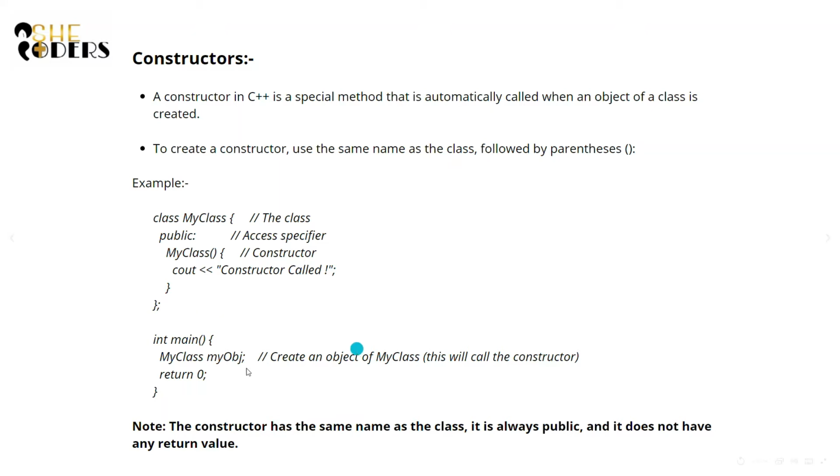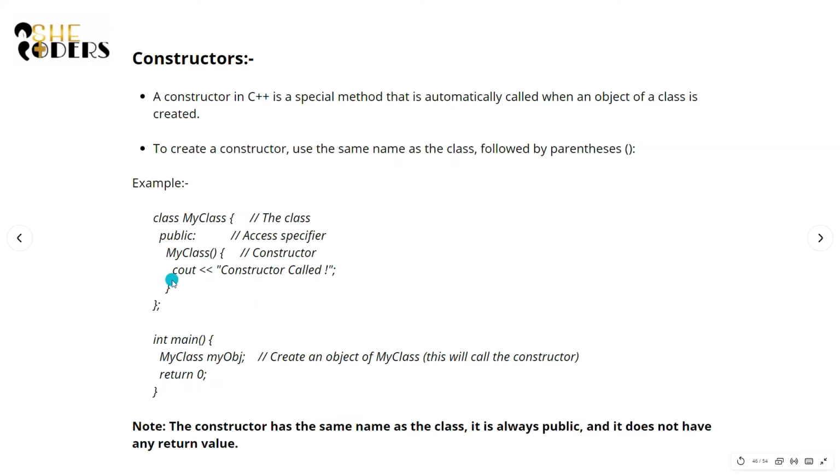Just like that, a constructor gets automatically invoked whenever we create any object of a class. Here is an example of how a constructor actually looks. It has no return type, and it has the same name as the class, with parentheses, and inside there can or cannot be any function definition. Even if you don't declare any constructor, it will be automatically invoked.